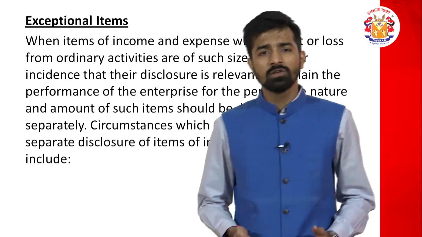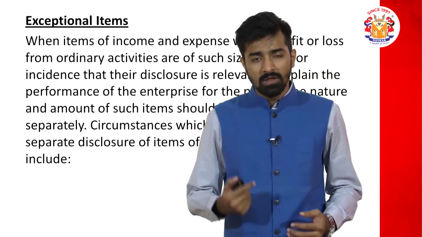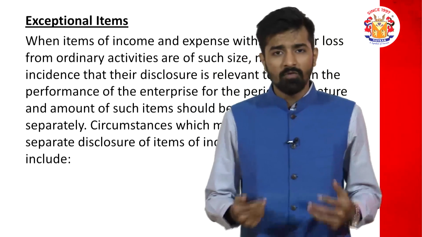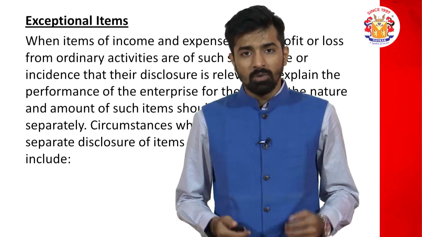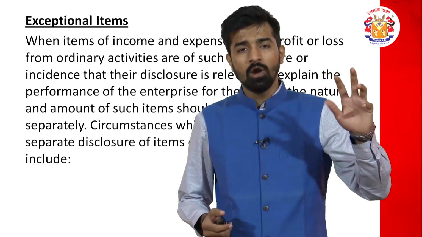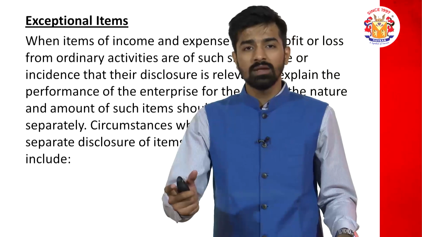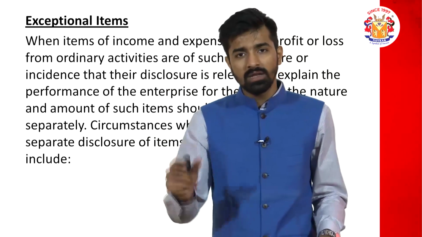This is a part and parcel of your ordinary activities. But because you're charging it to the profit and loss account, your profit for the current period might come down drastically. It's not like the company did not perform well. The company might have performed well, but due to this item, the profit for the current year has reduced drastically.